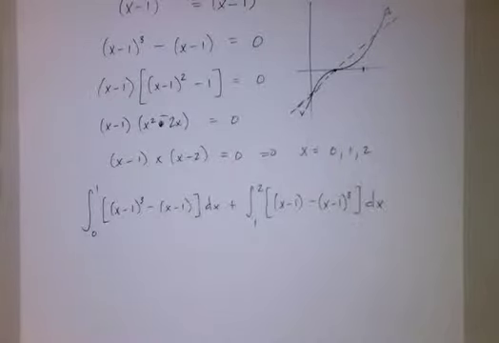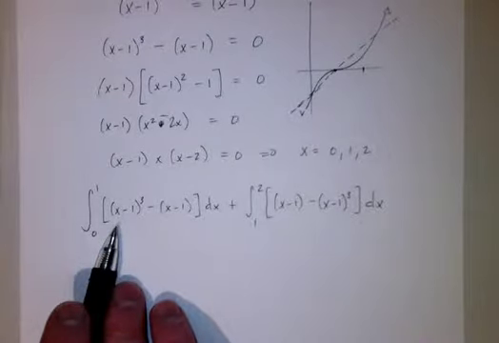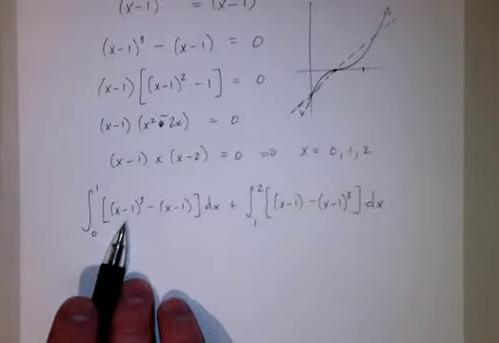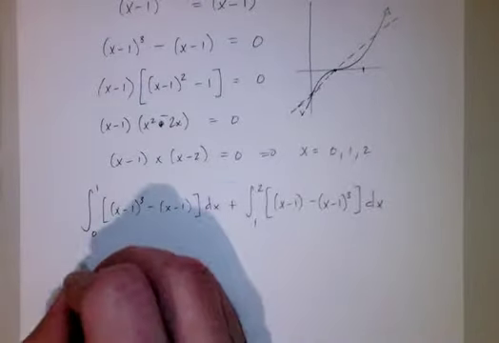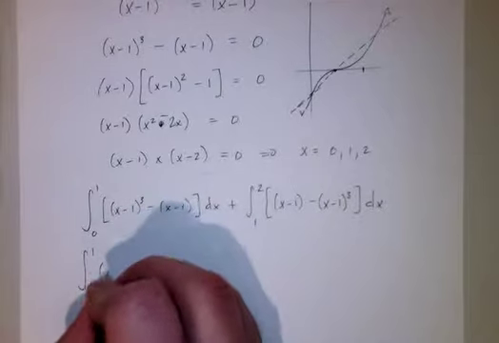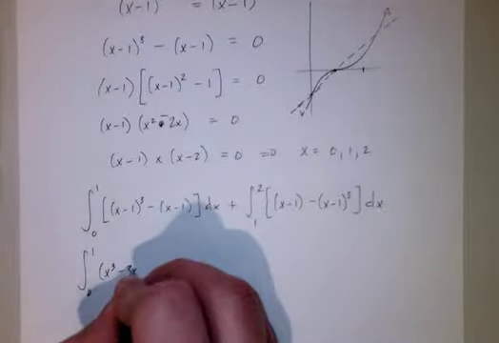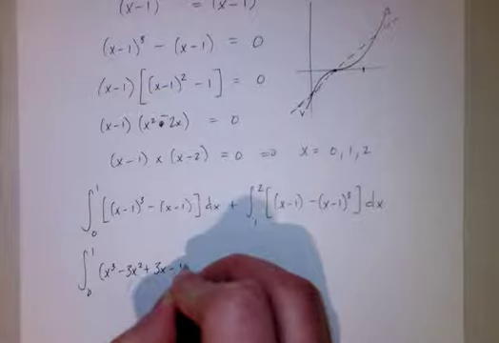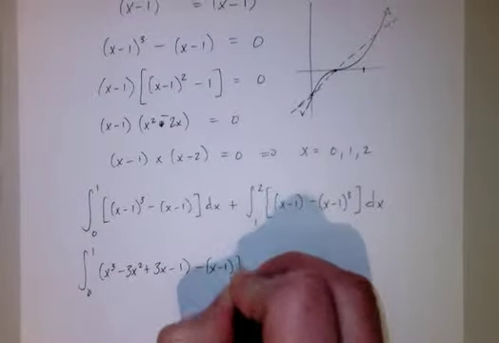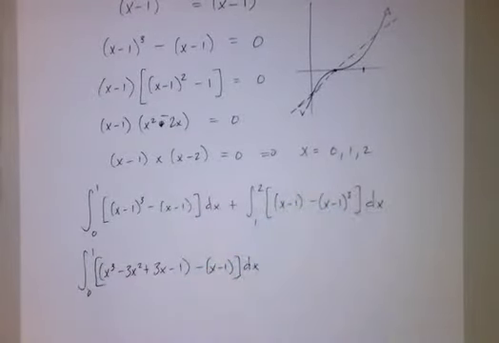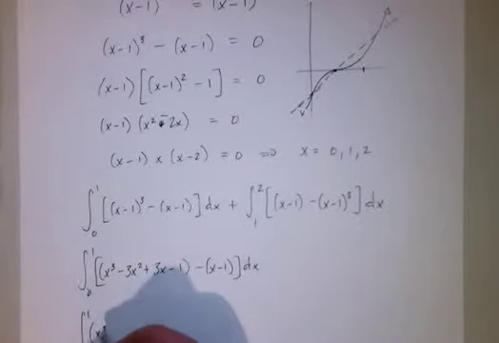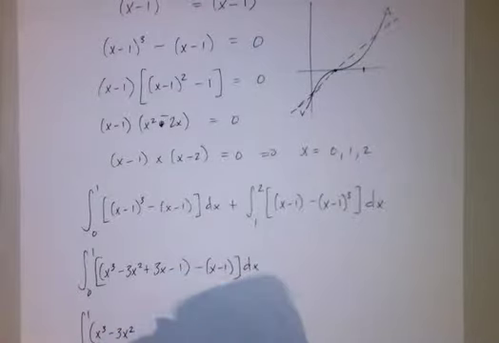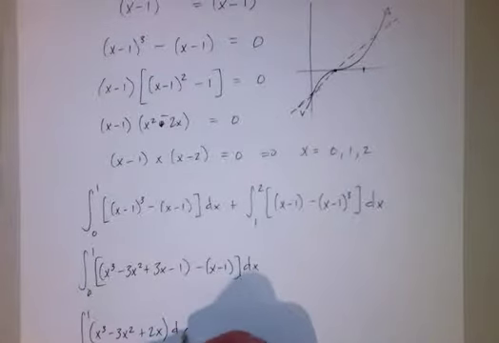You should, however, remember how to do that. Pascal's triangle and the fact that it's negative. For a cubic, Pascal's triangle is 1, 3, 3, 1, and the negative means that every other term is negative. So this one, from 0 to 1, should be x cubed minus 3x squared plus 3x minus 1 minus x minus 1 dx, which means from 0 to 1, that winds up being x cubed minus 3x squared plus 2x dx.